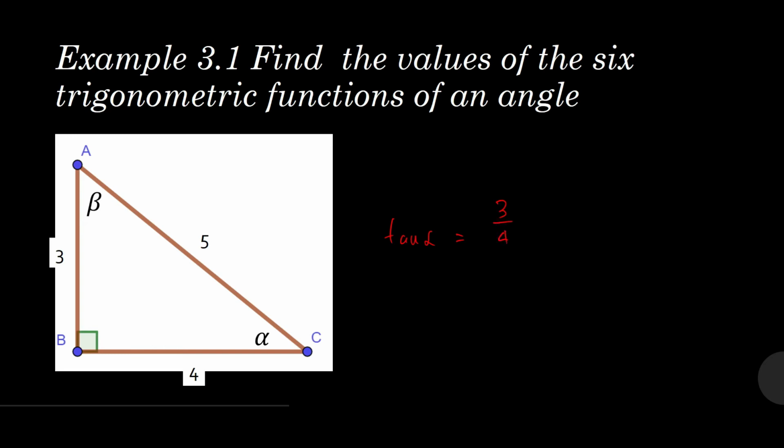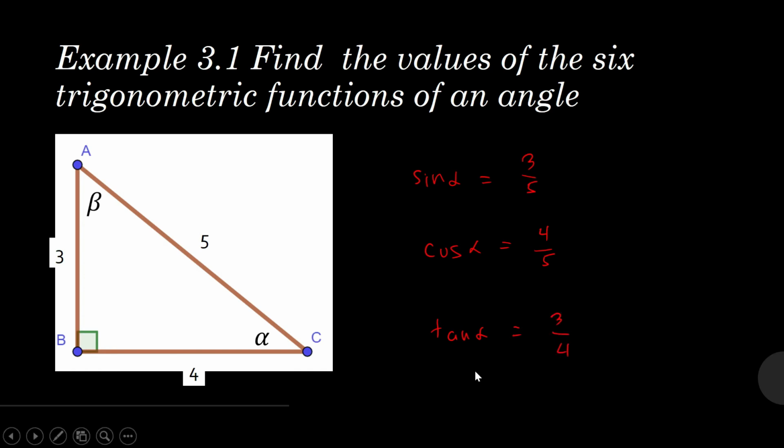So tangent of alpha is equal to 3 over 4. I will write again your sine, cosine, and tangent functions. Okay, so let us now go to the next exercise.